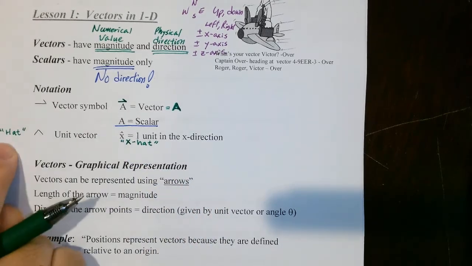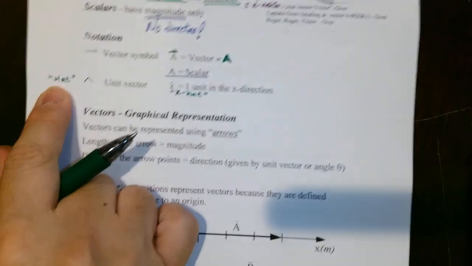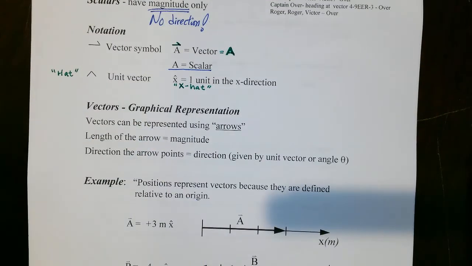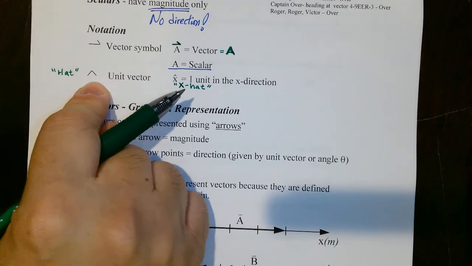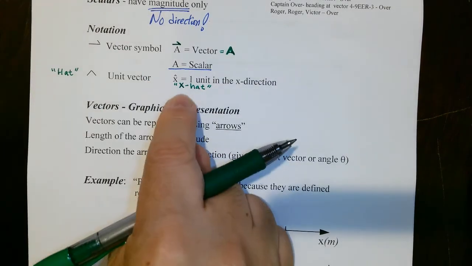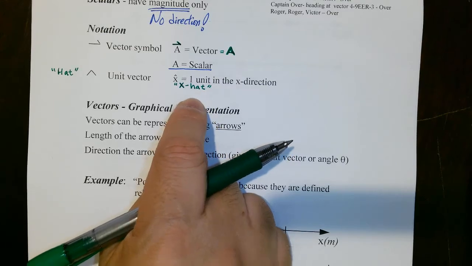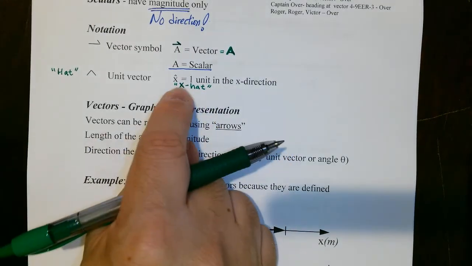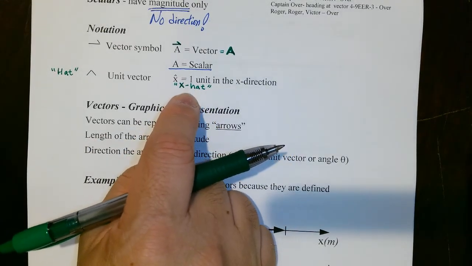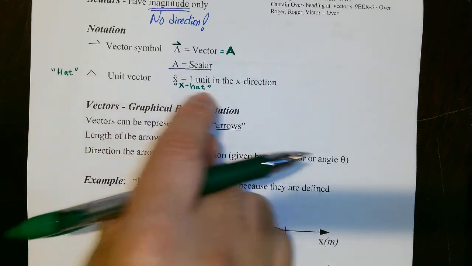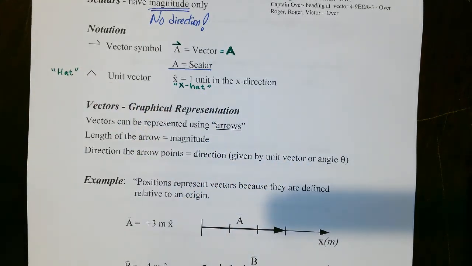And this is actually a mathematical term, so it's not something that I'm making up. All right? In Europe, instead of saying hats, they will say roof. So this would be x-roof, y-roof. In the United States, we call it x-hat, y-hat, z-hat. That symbolizes a unit vector.